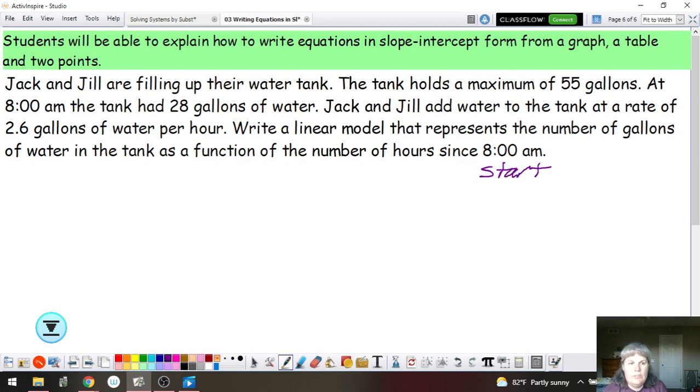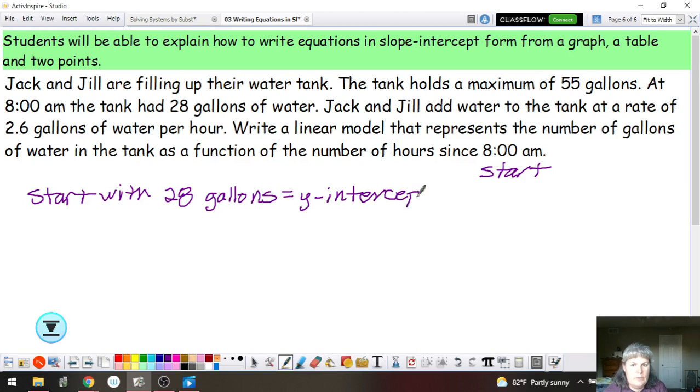And we know that we start with 28 gallons. That gives us our y-intercept. We're also given a rate. We have a rate that is equal to 2.6 gallons per hour.